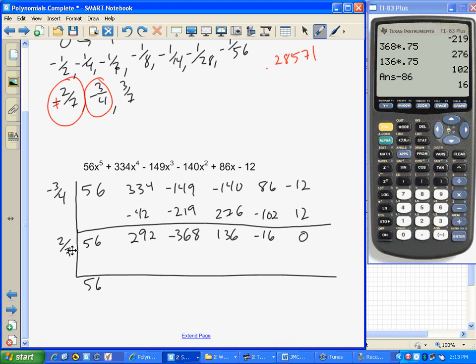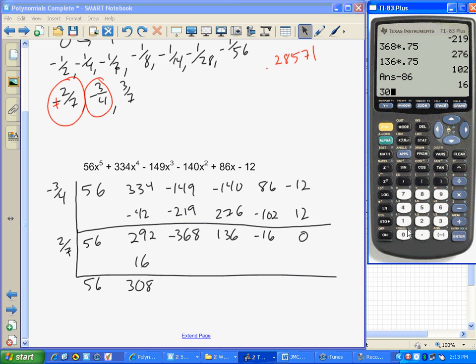So 56. Let's see, the 7th will turn this to an 8. 8 times 2 is 16. Add these up, I get 308. Divided by 7 times 2. 308 divided by 7 times 2 is 88.